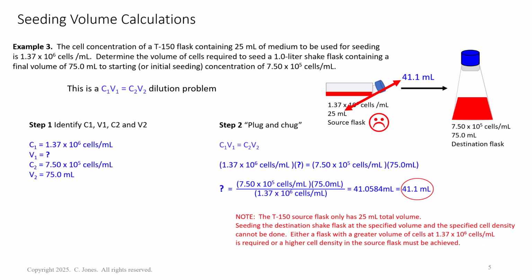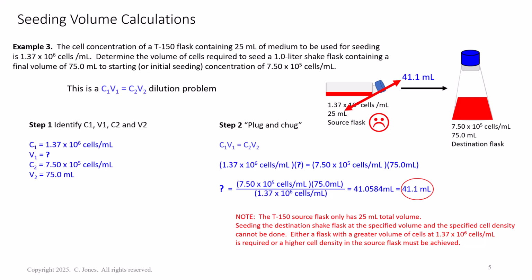So seeding the destination flask at the specified volume and to get the specified cell density cannot be done with this particular culture. So either we need to have a flask with a greater volume of cells at 1.37 times 10 to the 6 cells per mil, or we need to grow the cells to a higher density in the source flask.